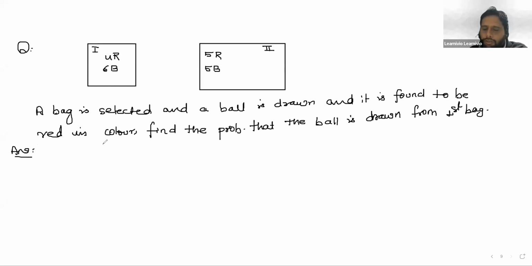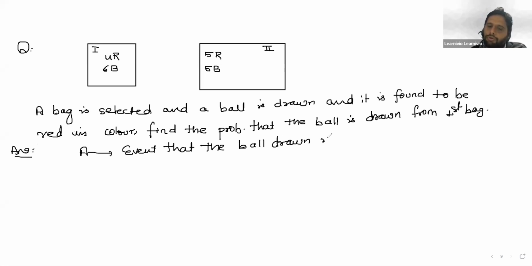So always remember, in Bayes theorem, whatever is given, take that as A. Here what is given? The ball drawn is red in color. So write A: the event that the ball drawn is red.